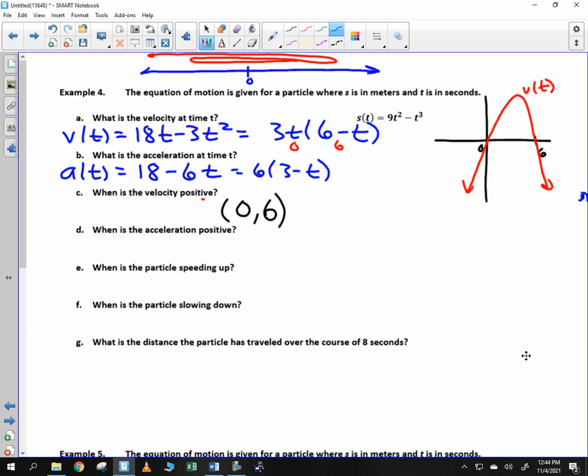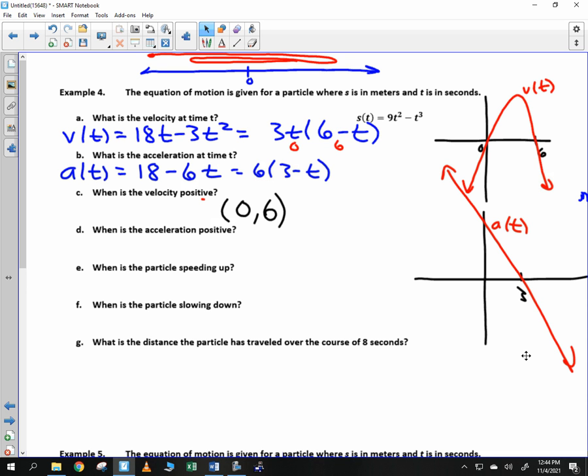So I'm now going to draw an acceleration graph. The acceleration graph is going to look something like that. Notice how it sits above the x-axis and it sits below the x-axis. It says, when is the acceleration positive?